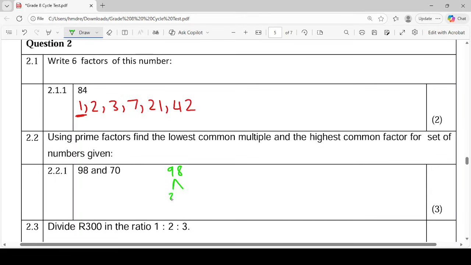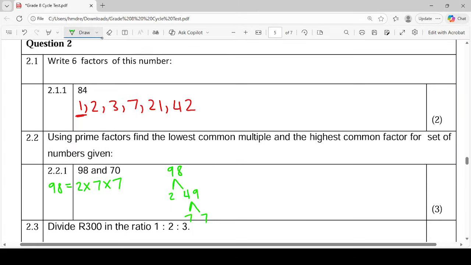You can say that's 2 times 49, and 49, we can say that's 7 and 7. Let's just write it like this: 98 is 2 times 7 times 7.